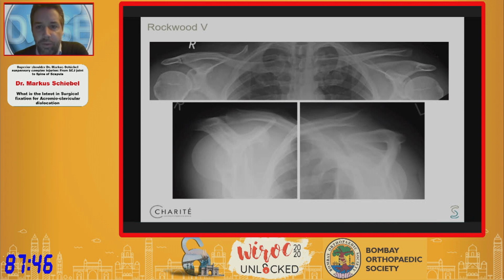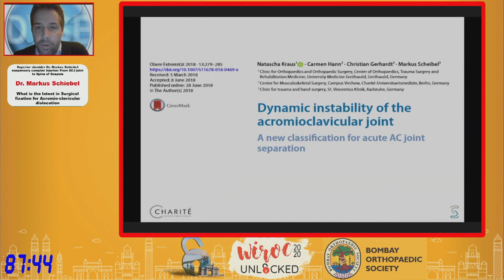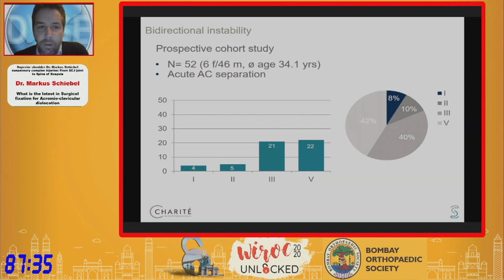So we looked at a specific cohort of patients because we were quite unhappy with the Rockwood classification. And what we did, we looked at 52 consecutive acute AC joint separations. We had 4 Rockwood type 1, 5 Rockwood type 2, 21 Rockwood type 3, and 21 Rockwood type 5. These were all acute injuries, average age around 34 years.